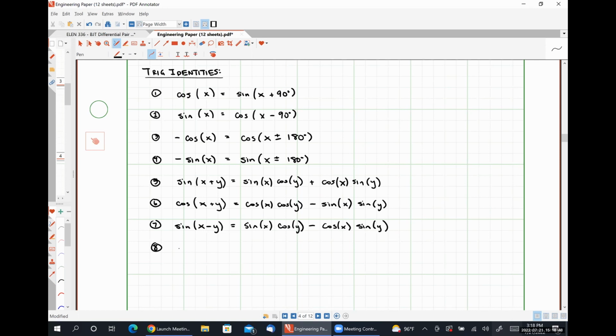And then we have cosine x minus y will be cosine x cosine y plus sine x sine y. And these 5 trig identities you should have learned in your high school trigonometry class.